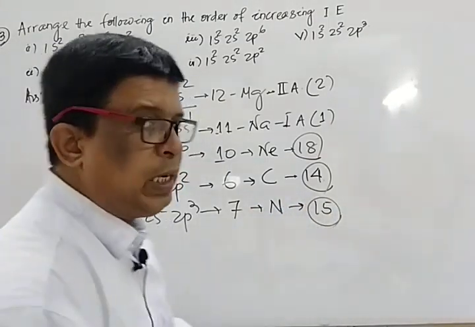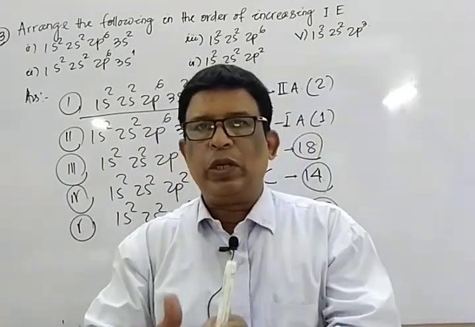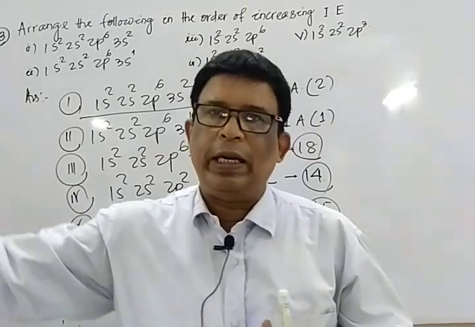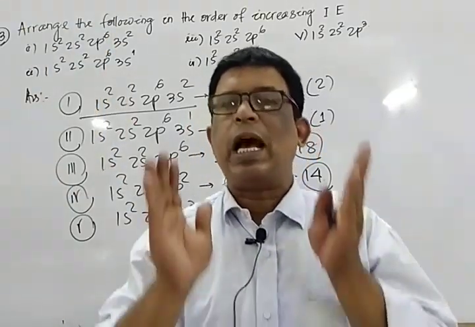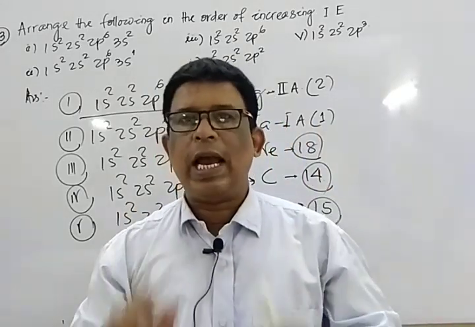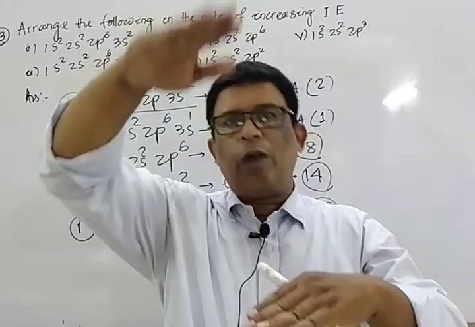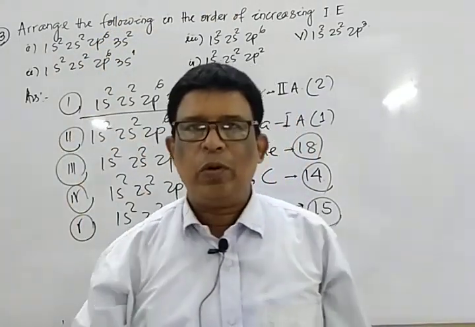So we observe that while comparing group 1, group 2, and so on up to group 18, group 18 possesses the highest ionization energy and group 1 possesses the lowest. Again in group 1, the element at the top possesses higher and the one at the bottom possesses lower.